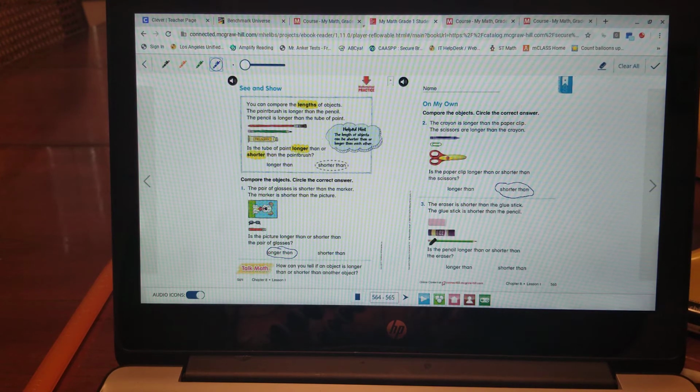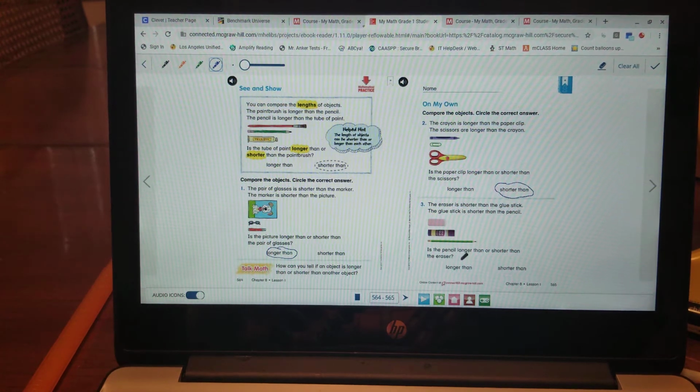But my question is, is the pencil longer than or shorter than the eraser? Pencil, eraser. The pencil is longer than the eraser.